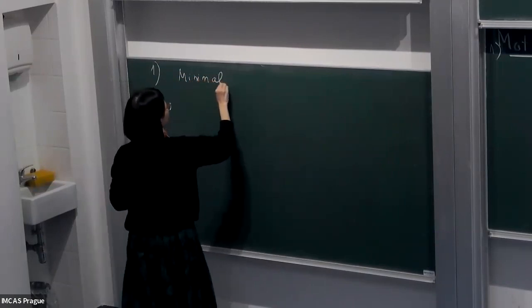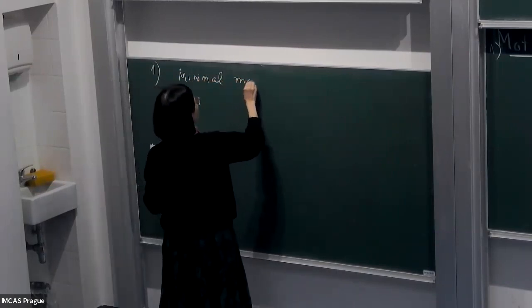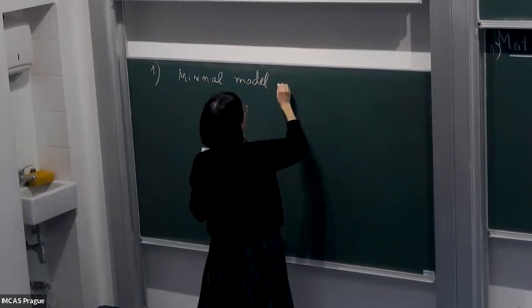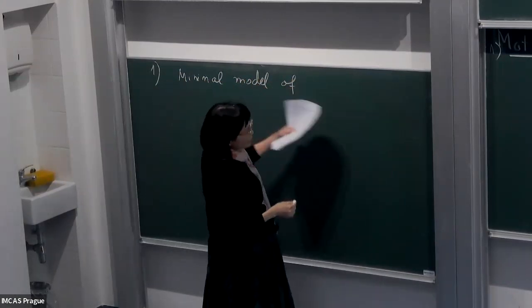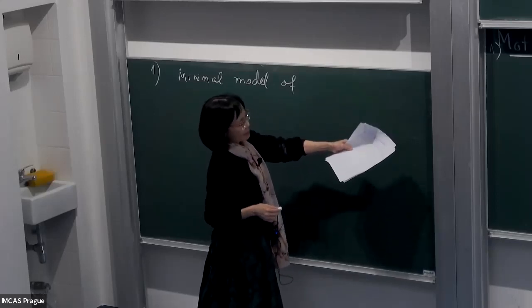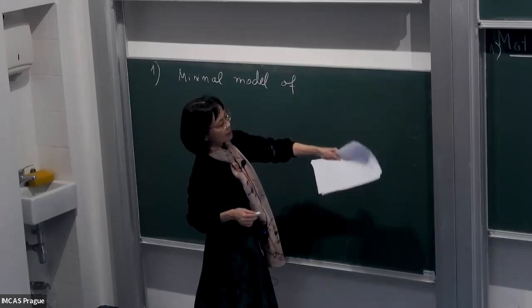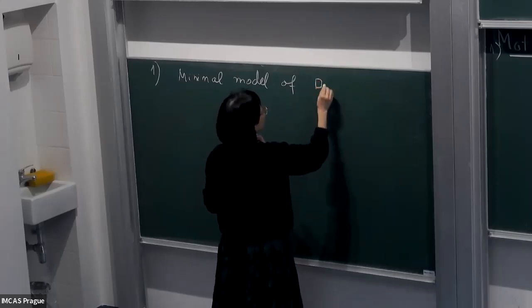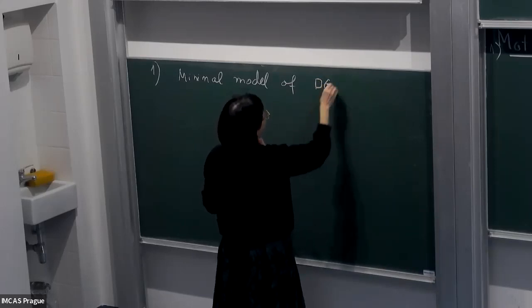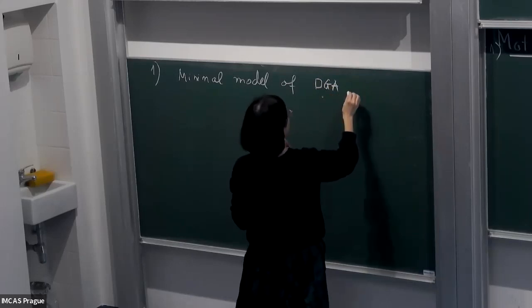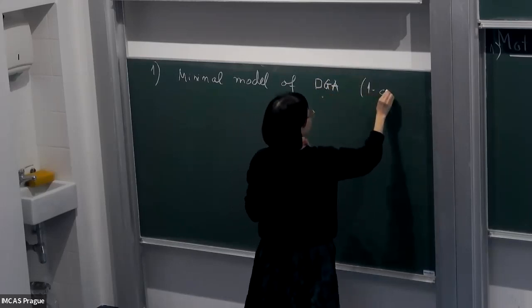I shall not describe what a minimal model is here. That's a minimal model of not only the space of piecewise polynomial forms or smooth differential forms, but of any differential graded algebra, and of the unconnected case.